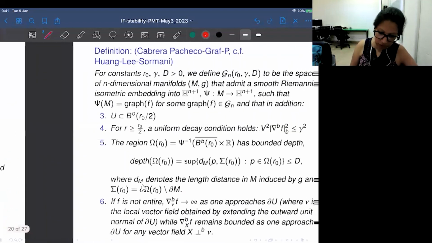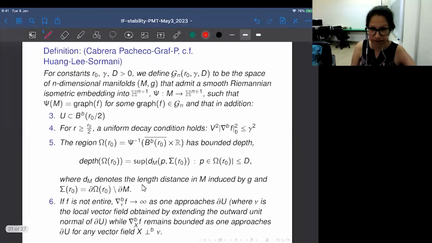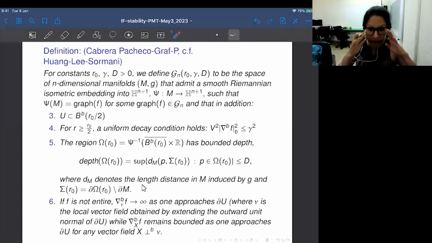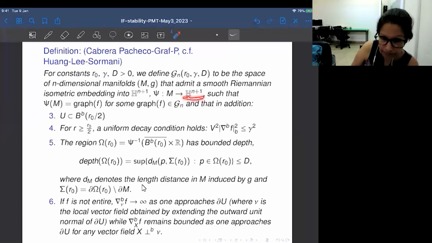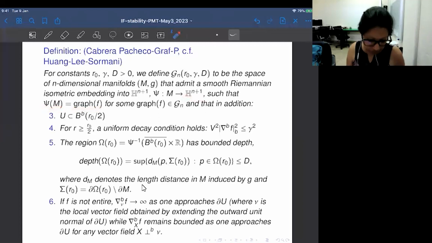Okay. So what is the class that we are studying? I already told you a little bit how this class looks. These are going to be manifolds M that can be embedded into hyperbolic space. And actually we want them to be a graph of a function once they are in hyperbolic space.